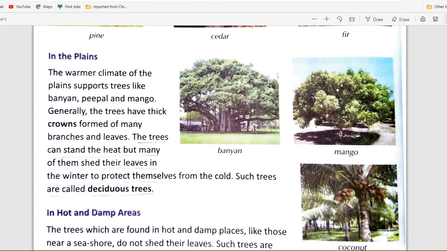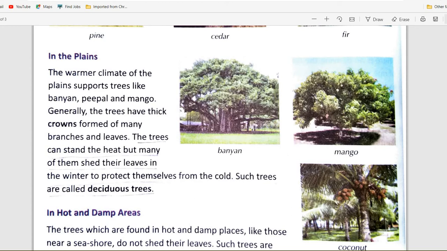So these types of trees have thick crowns with many branches and leaves, meaning they have flat leaves, and these types of plants survive in heat.